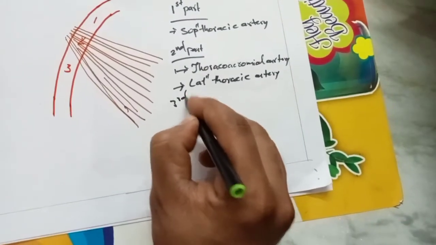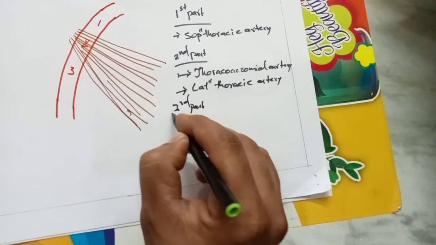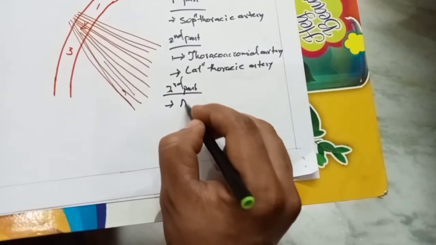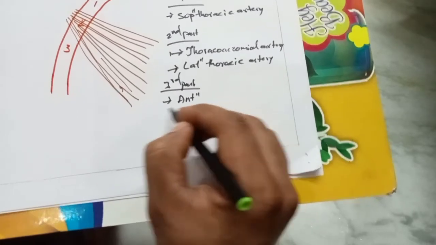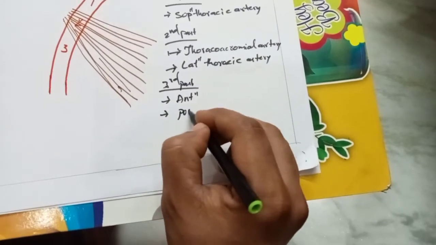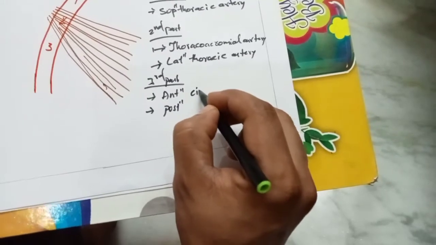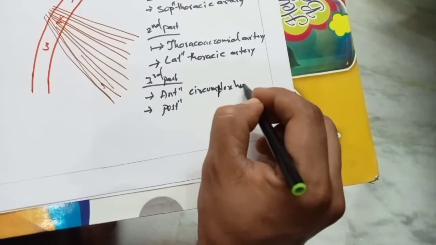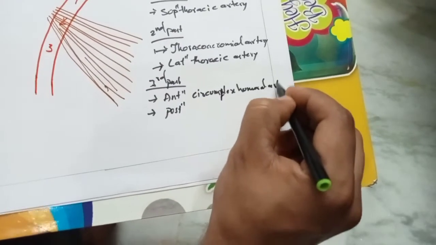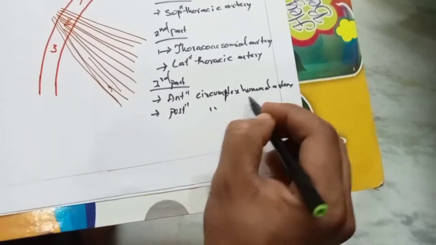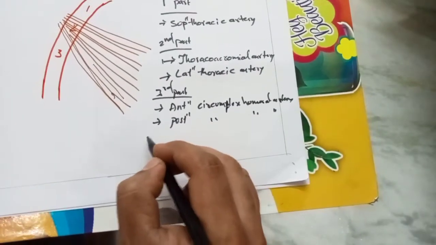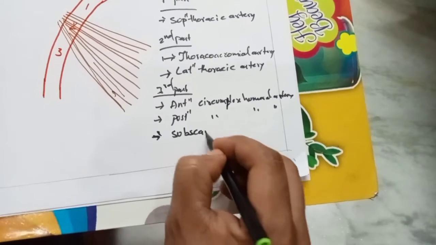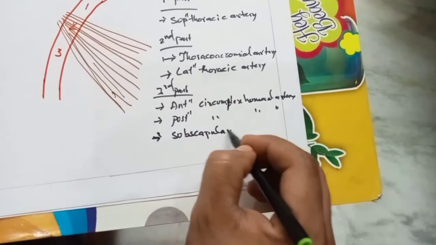And from the third part, three branches are coming. One is the anterior and posterior circumflex humeral arteries: the anterior circumflex humeral artery, the posterior circumflex humeral artery, and also from the third part, the subscapular artery.